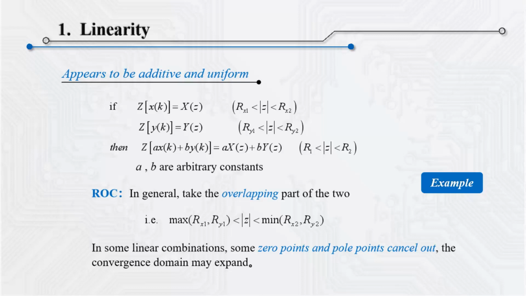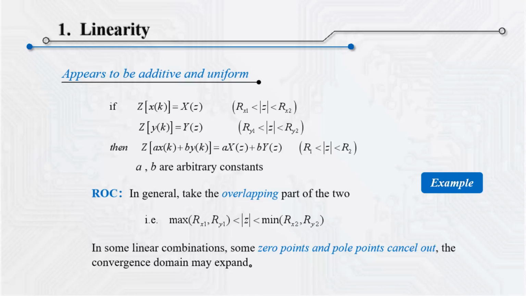At this time, what is the z transformation corresponding to this sequence? In the form of a linear combination, the corresponding z transformation is a X of z plus b Y of z. We mainly focus on the change of its convergence domain.